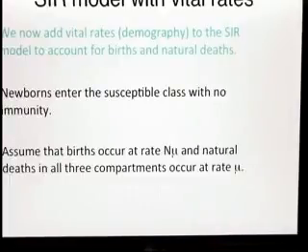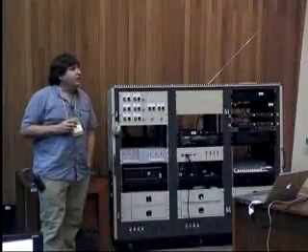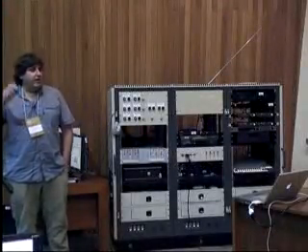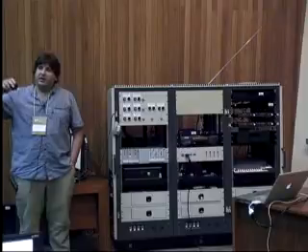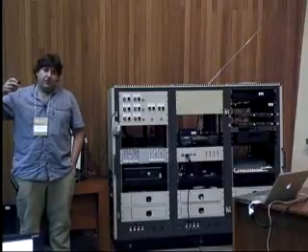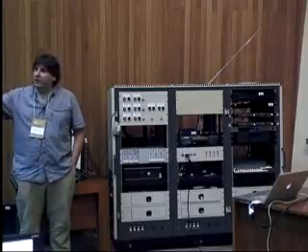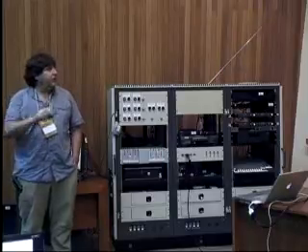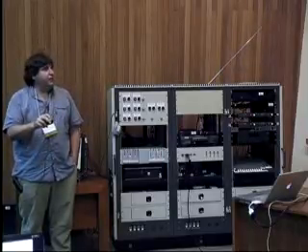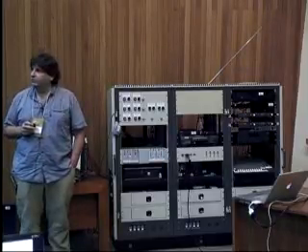Now, for many infectious diseases, newborns inherit immunity from their moms, and you can add that later. But for the second most basic model, we assume that newborns enter the susceptible class with no immunity, and we're going to assume that in each component, the S component, the I component, the R component, you have a natural death rate, mu.